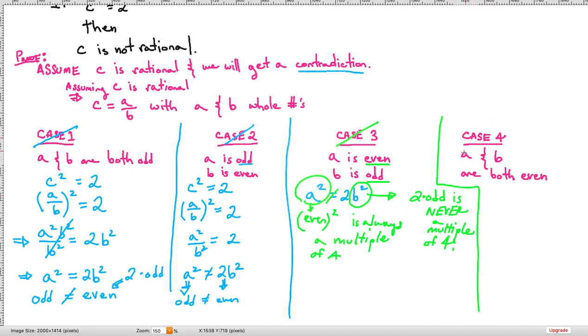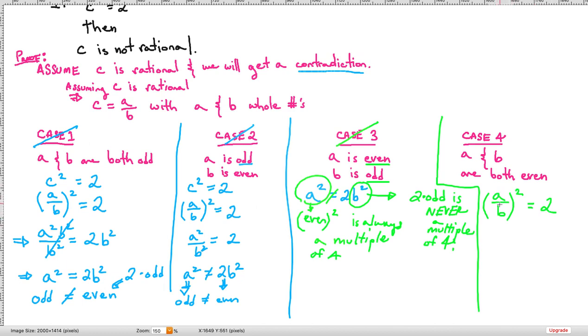Now, the case 4 case, okay? What you have here is a tricky one. You want to start off at the beginning. You want to realize that if A and B are both even to begin with, A over B, where they're both even, let's say that I find out that A over B squared equals 2, what this implies is that some even over even squared equals 2.